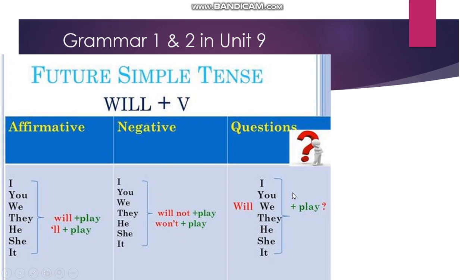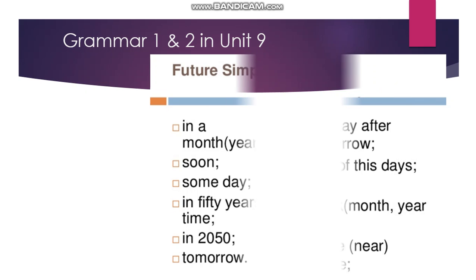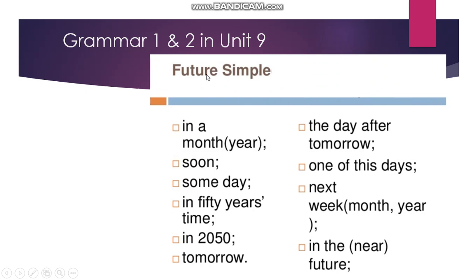And with the questions, yes, we write will first. Will I? Will you? Will they? Will we? Will he? Will she? Or will it? And remember the time markers of the simple future: in a month or in a year.